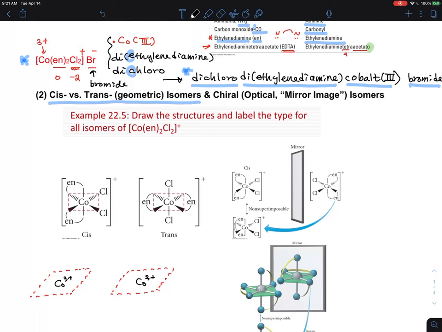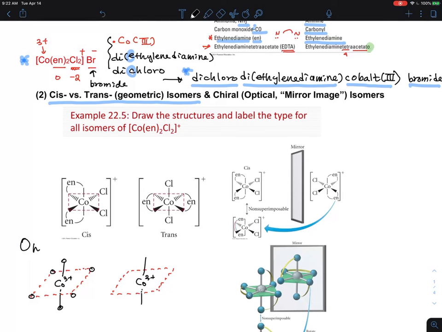Octahedral means there is something sticking up and something sticking down, and then there are four other things forming the coordination. So there are 1, 2, 3, 4, 5, 6. These are six positions that we call octahedral, forming equivalent positions.